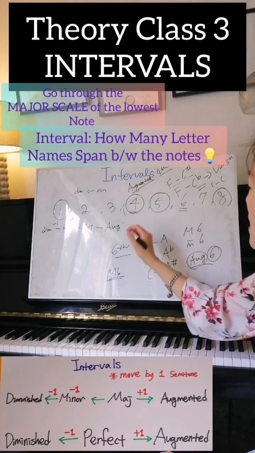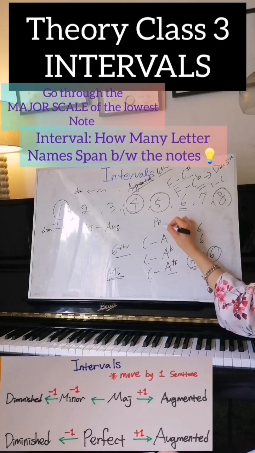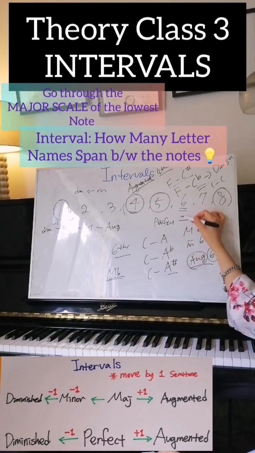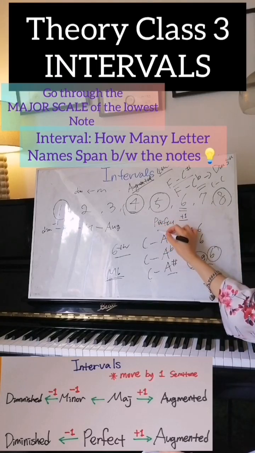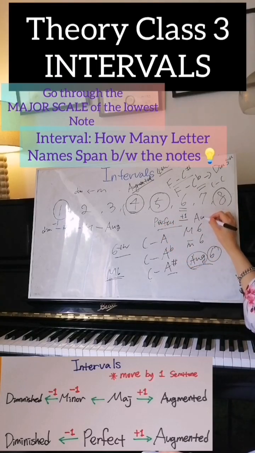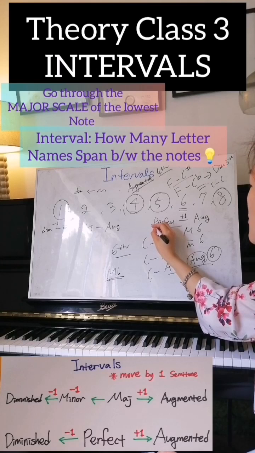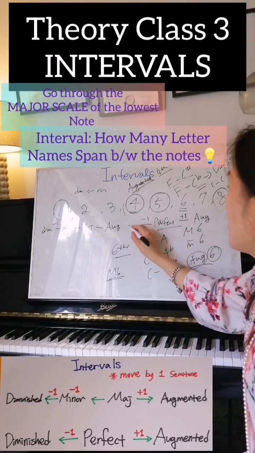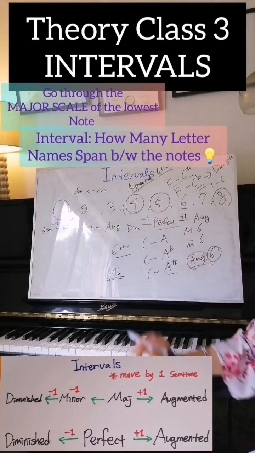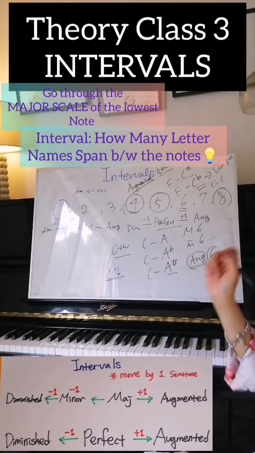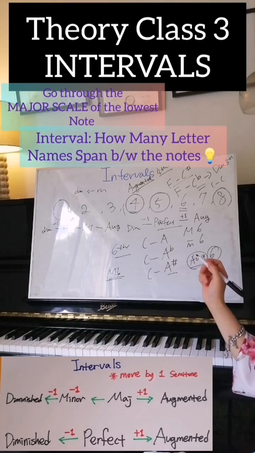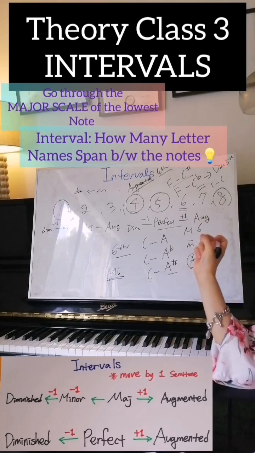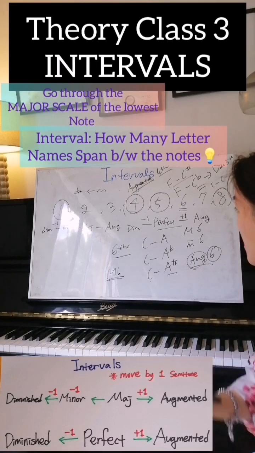From a perfect interval, if you raise it by one semitone, that becomes augmented. If you lower the perfect interval by one semitone, it becomes diminished. Always remember that the number of the interval is based on how many letter names span between the notes.